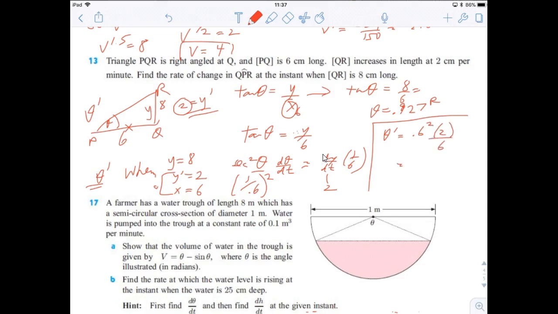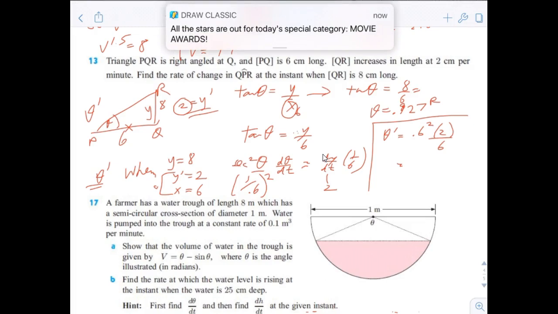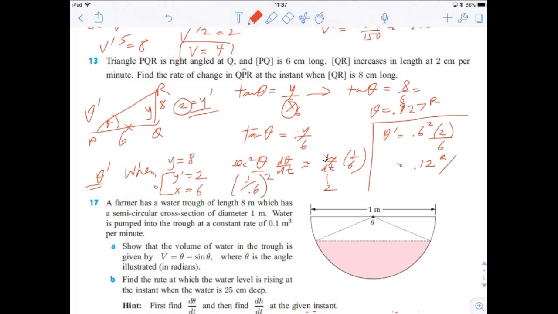And that is equal to, let's see, 0.6 times 2 would be 1.2 times 0.1, which would be 0.12 radians per, is it second? Per minute. Okay, because this is per minute, so this would also be per minute. So 0.12 radians per minute.